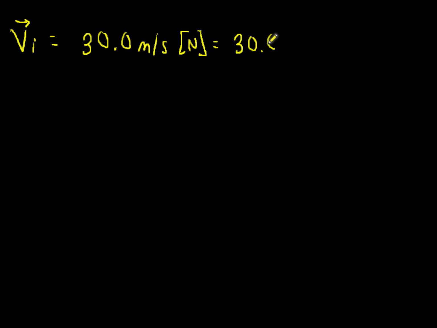A big step in figuring out which formula we need to use is writing out our list. Vi is 30 meters per second to the north. This is positive 30 meters per second because north is a positive direction. Vf equals 0. This is because the car is stopping at a red light.